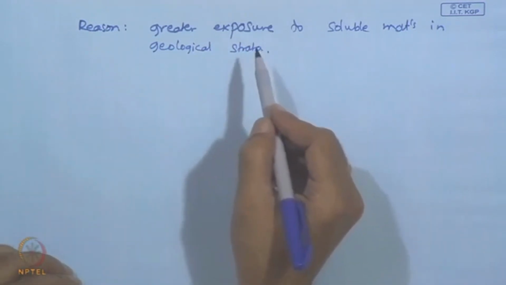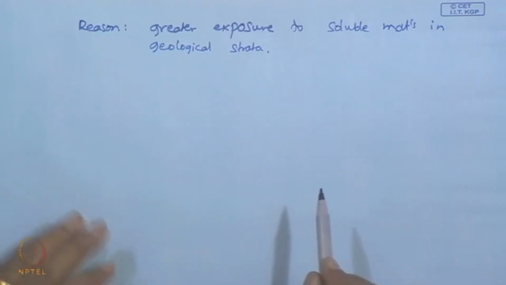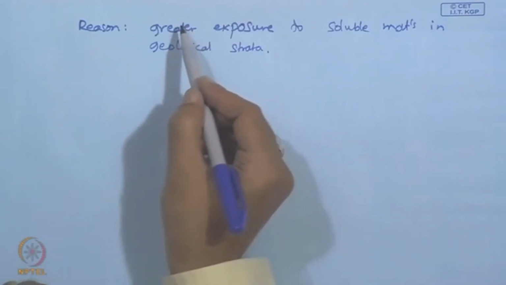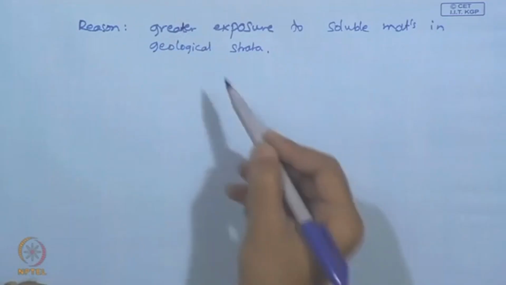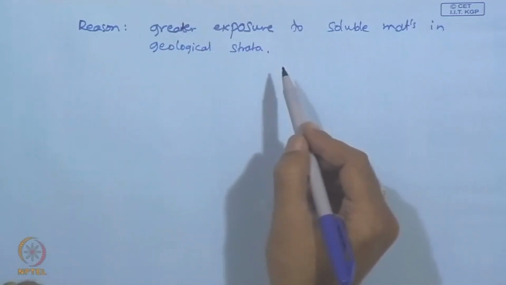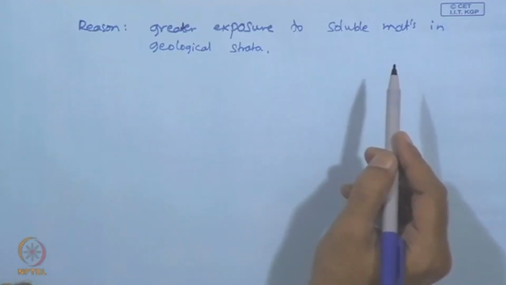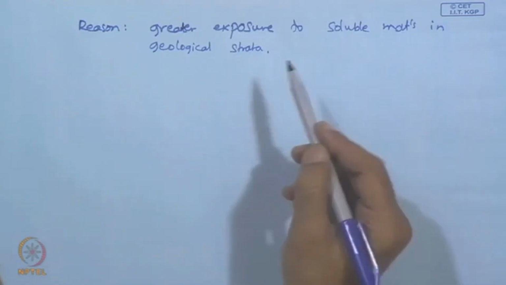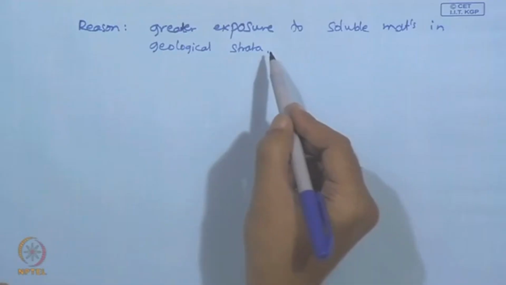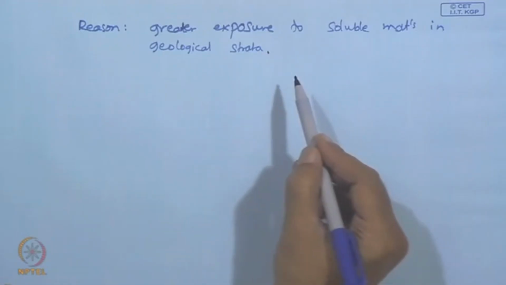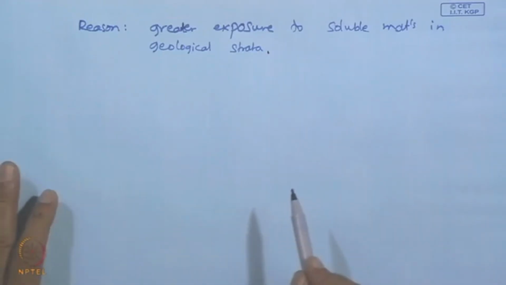Whereas, in case of surface water, it may not happen, especially when the surface is almost impervious. In that case, there will not be any exposure to soluble materials, and therefore the salt concentration will be much less.